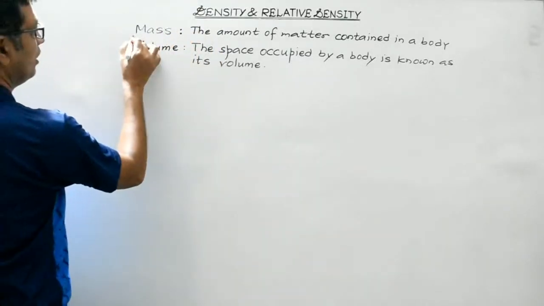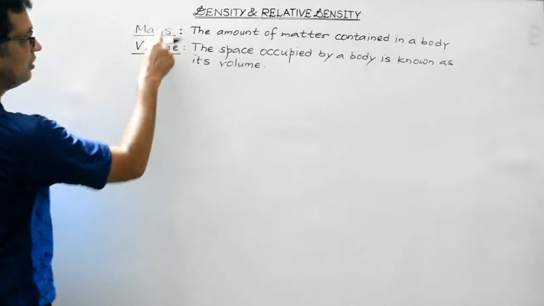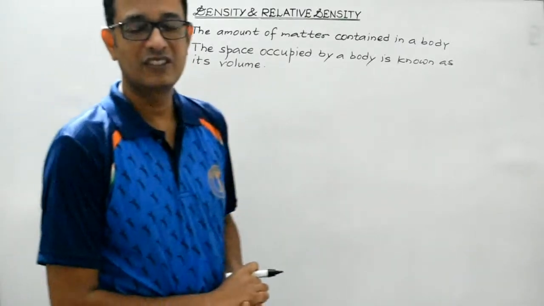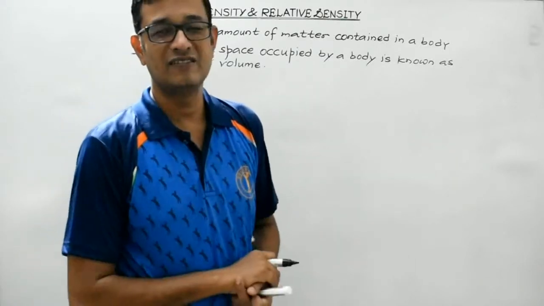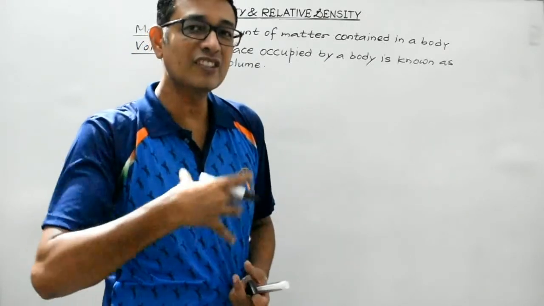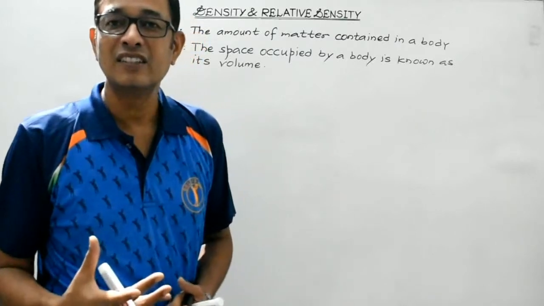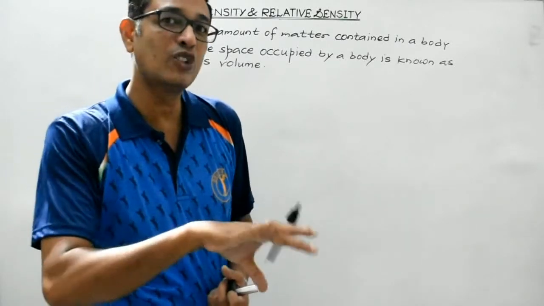So, density is basically the ratio of these two terms. Density, which is the characteristic of a body, it characterizes a body. It is defined as the ratio of the mass of the body to its volume.